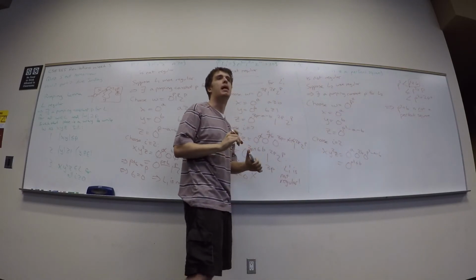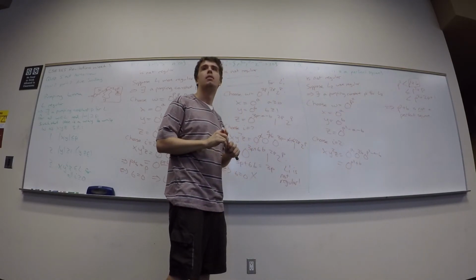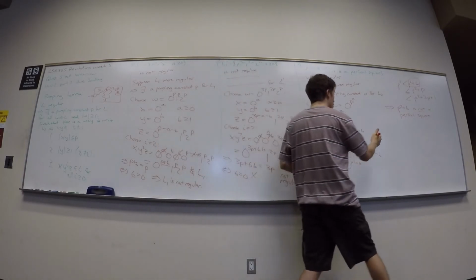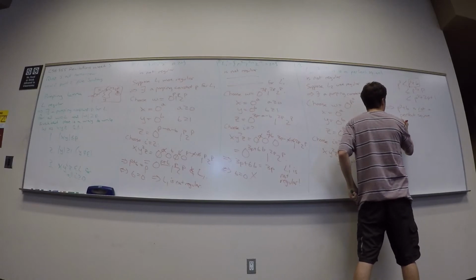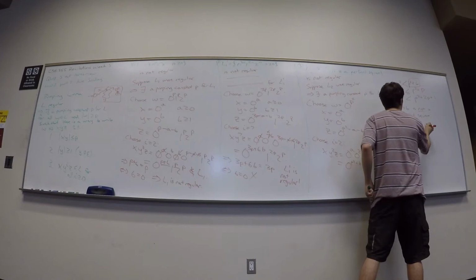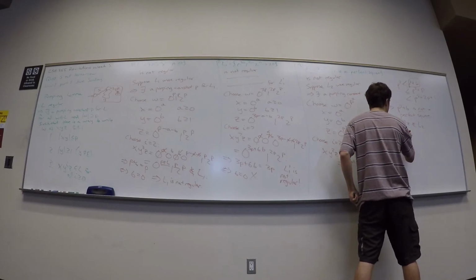What can I conclude from that? It's not in the language, so definitely x y squared z is not in, I called it L2, and therefore I can say L2 is not regular.